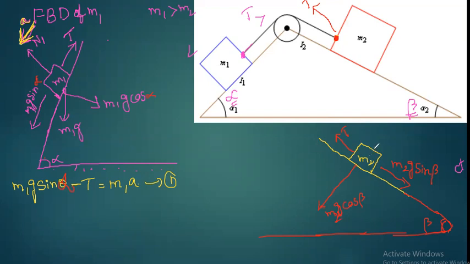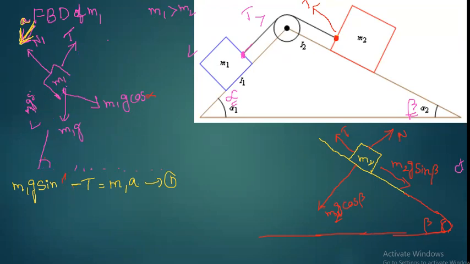What about normal? Normal is always perpendicular, always opposite to this mg, right? Why? Normal is always acting perpendicular to the surface. Okay, this is our block surface. So this is our normal. This is N2. Okay, is it N2 in the upward direction or not? Yes, correct.